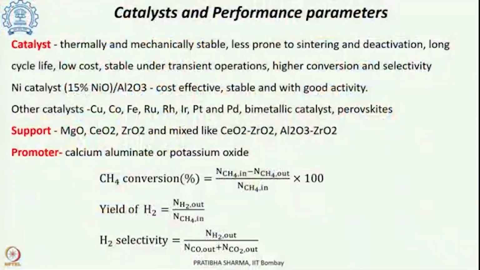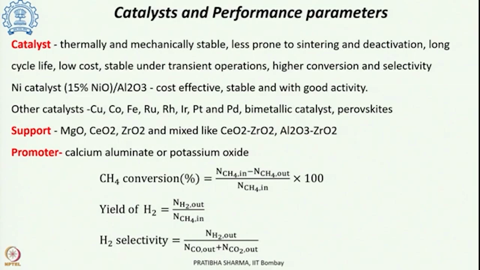Now, since the process has more CO2, there are combustion products, and the conversion and selectivity can also be selectively preferred towards the desired H2 by CO ratio using the appropriate catalyst support and promoters.